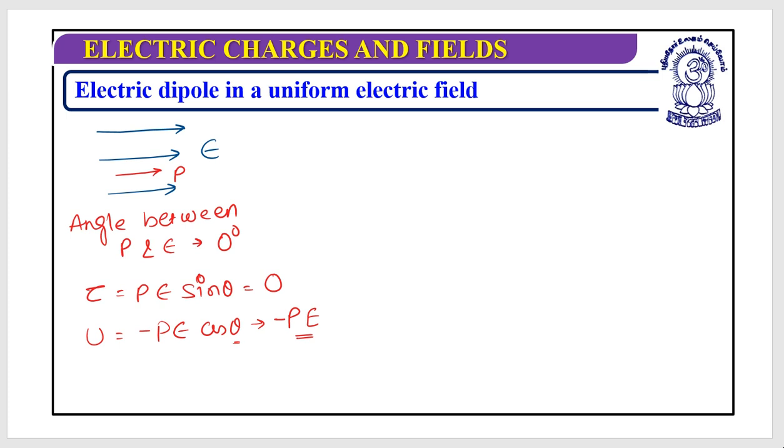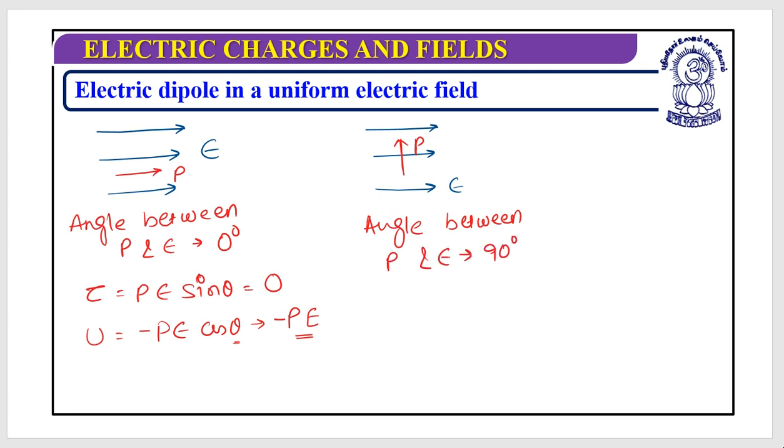Next, let's suppose the situation looks like this. This is the direction of the electric field, and this is the dipole, P. Here the angle between P and E is 90 degree.